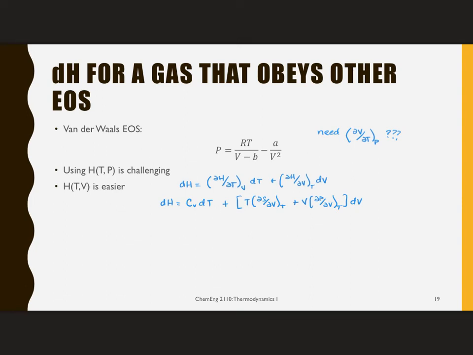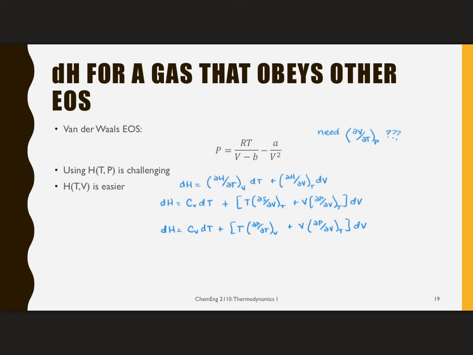Hopefully you're starting to see a pattern here that we do very similar steps each time. So the Maxwell relation in this case, dS dV at constant T, is equal to dP dT at constant V. I can take these derivatives for our equation of state.